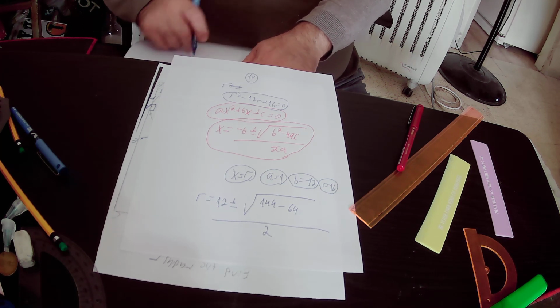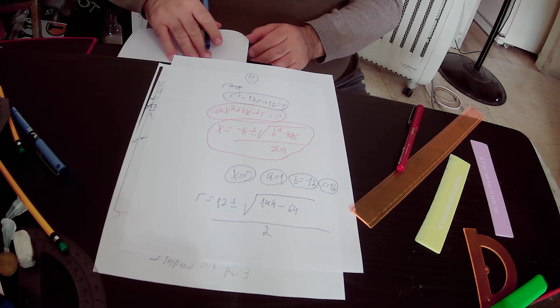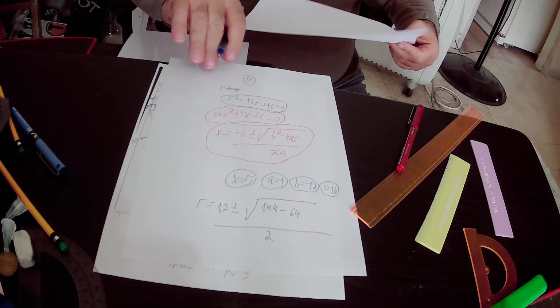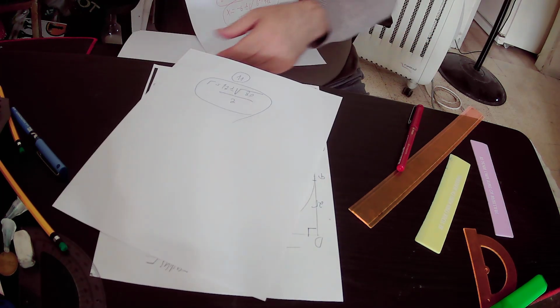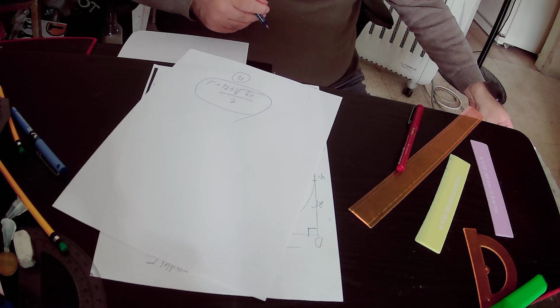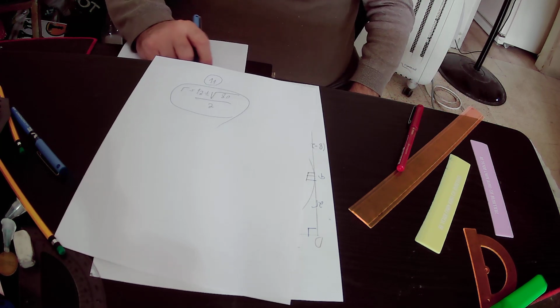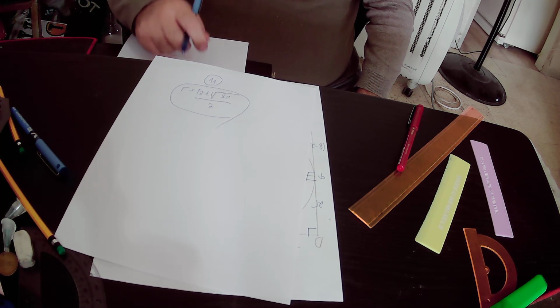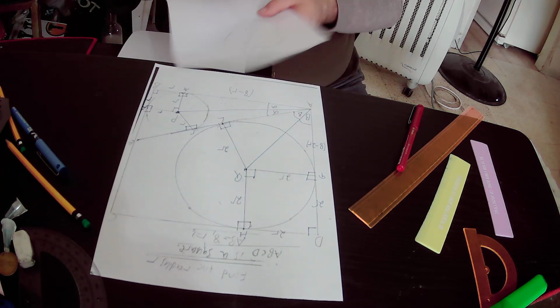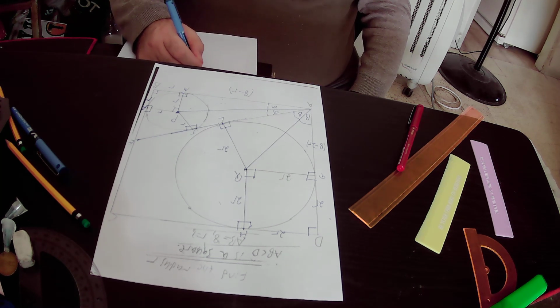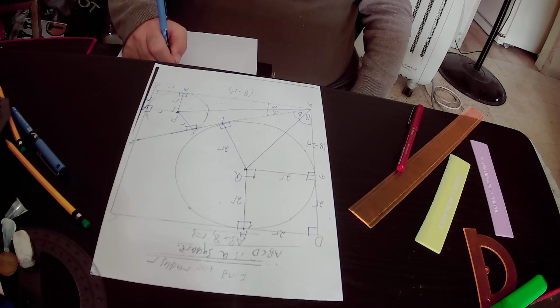Okay, so we got this solution to the quadratic equation. We know that 80 is 20 times 4. So we write it down. The radius equals 12 plus minus the root of 20 times 4 over 2.